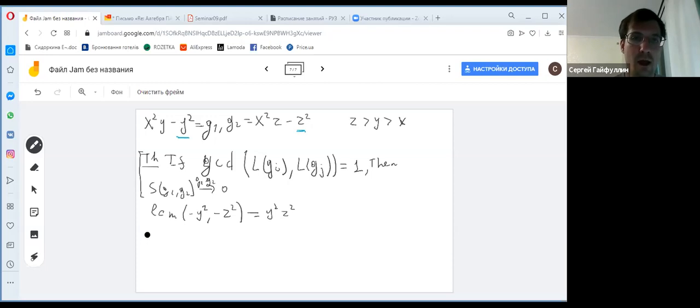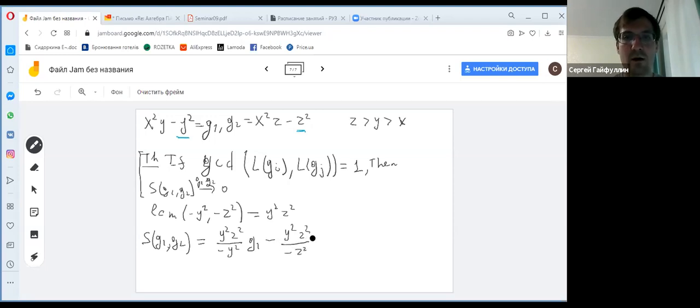And now the S polynomial of g1, g2 is equal to y squared z squared divided by minus y squared multiplied by g1, plus minus y squared z squared divided by minus z squared multiplied by g2.